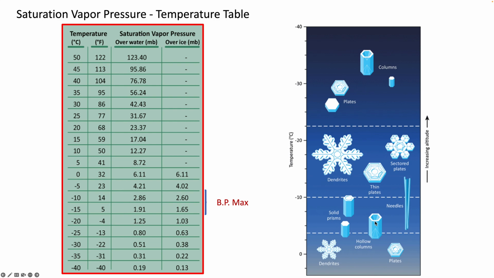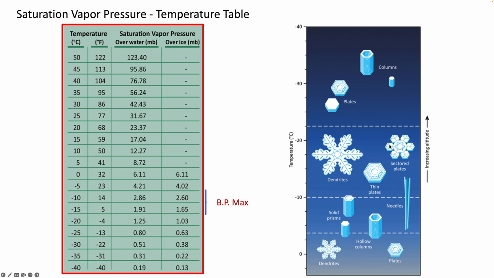Based on the temperature and the saturation vapor pressure differences, you get different kinds of crystal formations, although they're all six-sided. You can get plates or dendrites, you can get columns or needles, but you get your biggest dendrites and your biggest flake formation in the dendritic growth zone. Again, this is between minus 10, minus 15, maybe 20 below 0 Celsius.